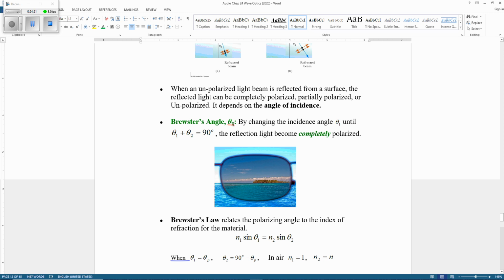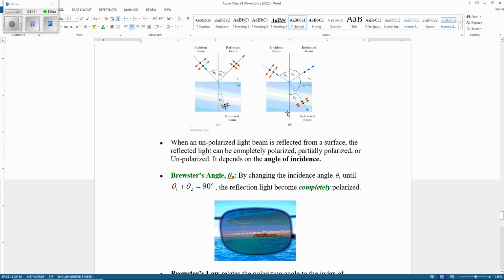I don't know why you don't see the B, instead you see the P. This angle happens when theta 1 plus theta 2 equals 90 degrees. So when this incidence angle plus refraction angle equals 90 degrees, then the reflection becomes polarized.